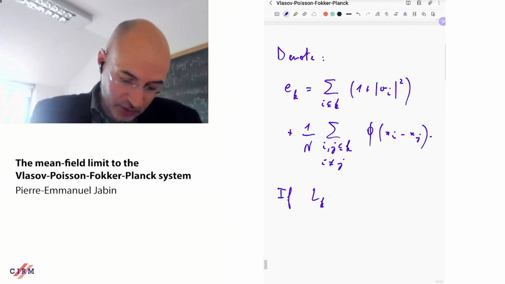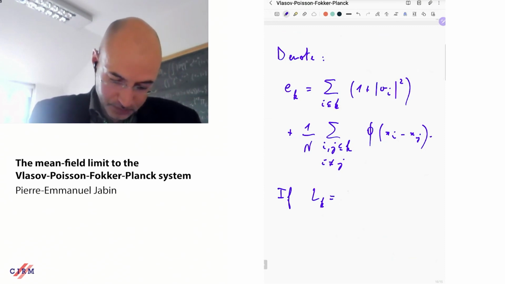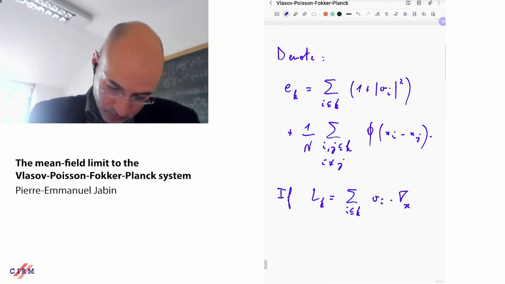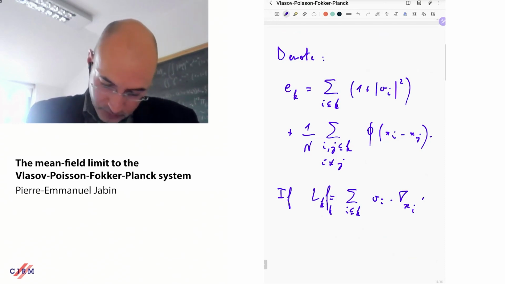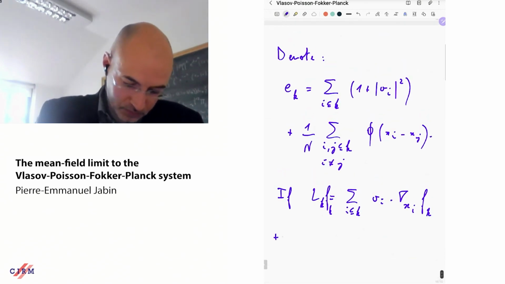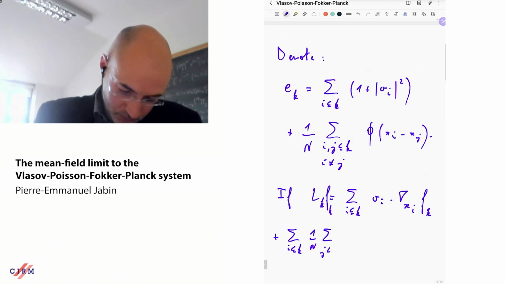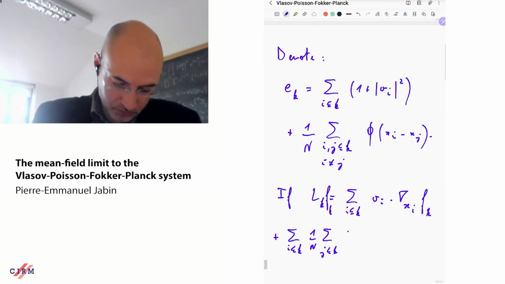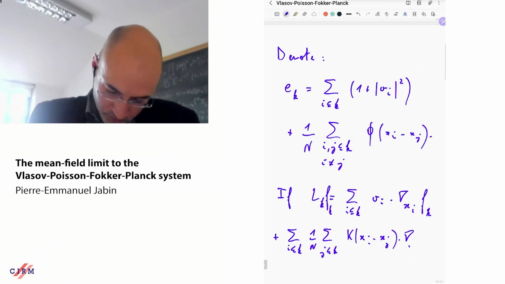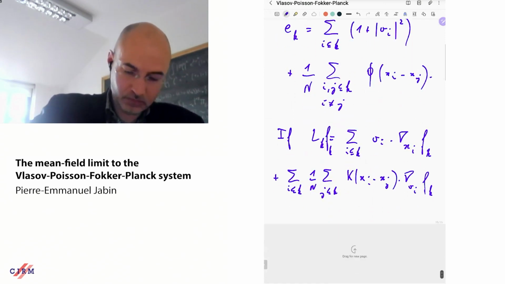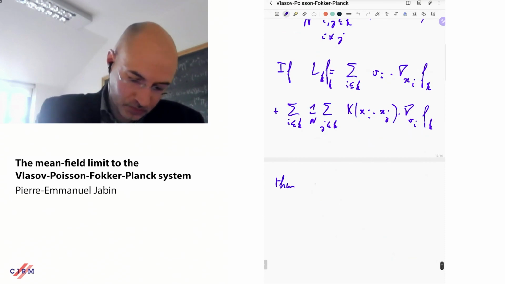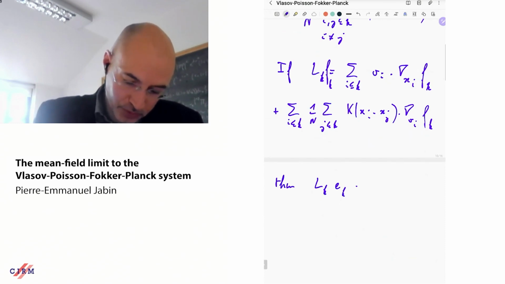So if I denote now L_k the corresponding operator, L_k of E_k is equal to 0.